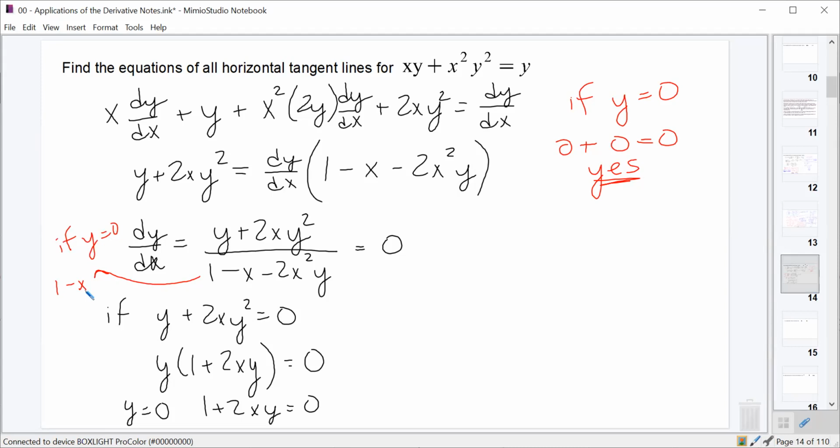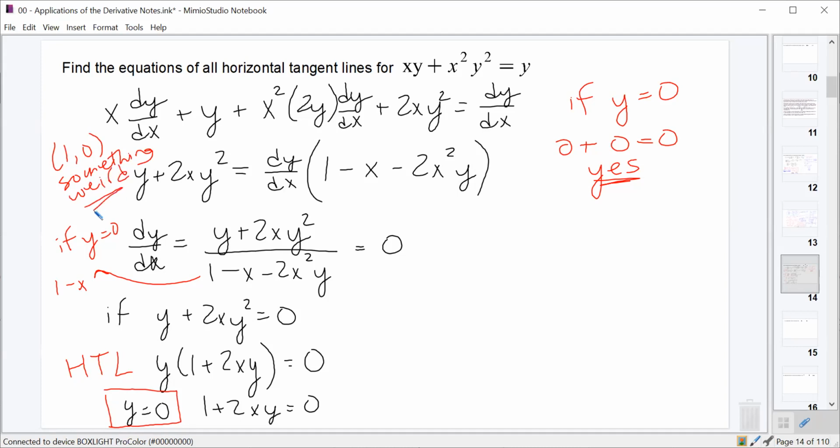So at every other location on the horizontal line y equals 0, other than at x equals 1, this has a horizontal tangent line of y equals 0. At x equals 1, something weird is going on. We'll take a look at the graph in a minute and see what that weird thing is at x equals 1 and y equals 0. So 1, 0, something weird. We'll just call it that for now.